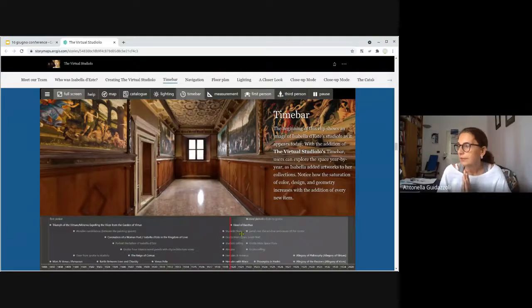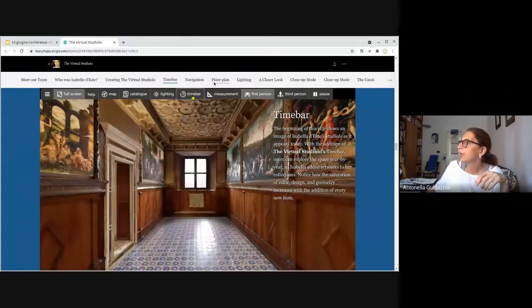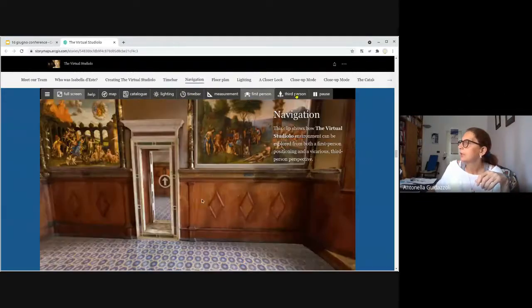The idea is really to create a 3D philological space, because everything is connected to a database with all the references, the Zotero bibliography, and you can also, let's see, I change, okay, navigation.